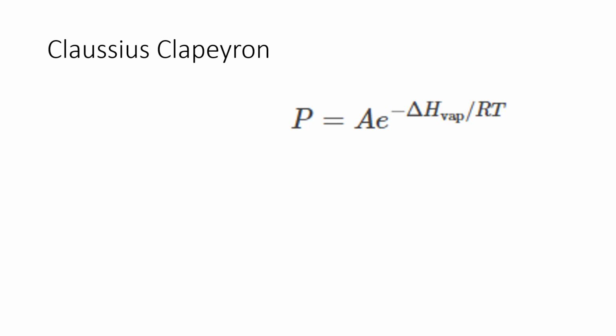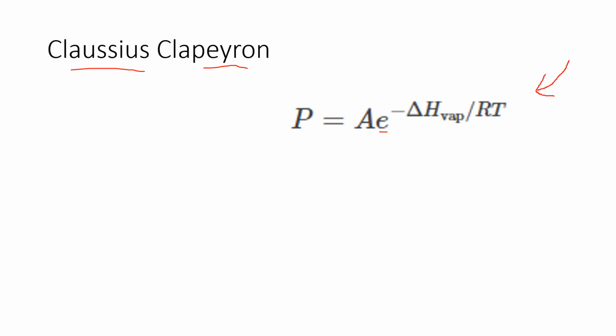Okay, so back to the mathing of our chemistry course a little bit. This Clausius-Clapeyron equation, this is the basic form of it, right? Pressure is A times e, your Euler number.